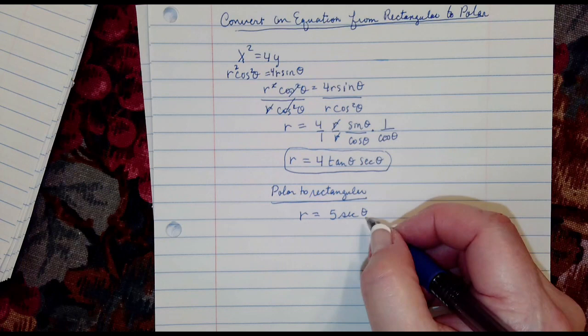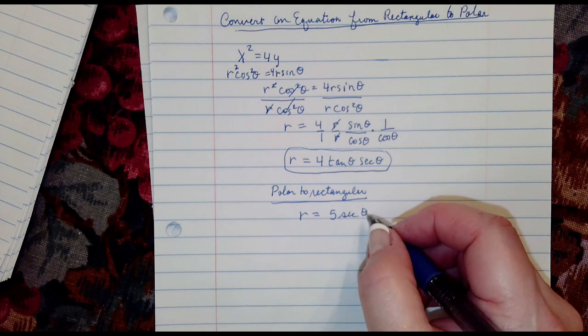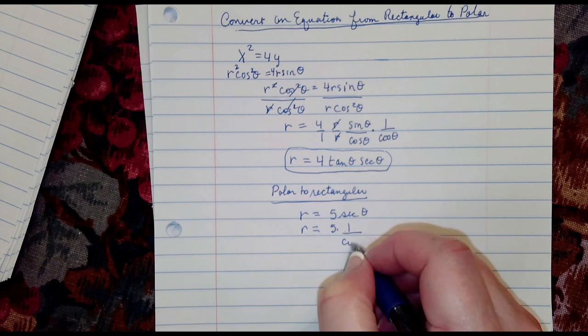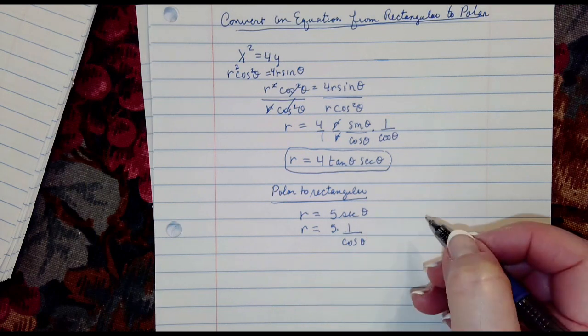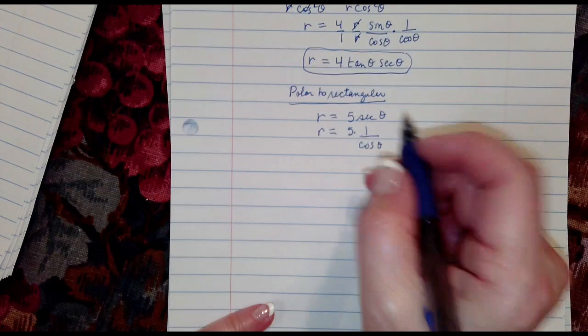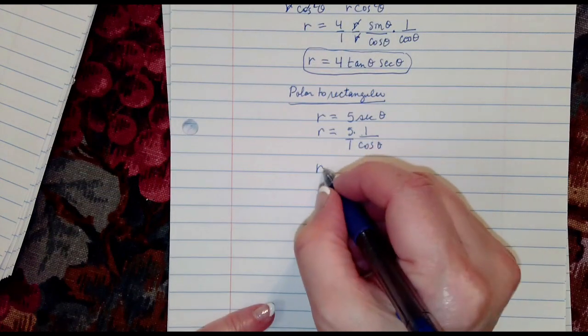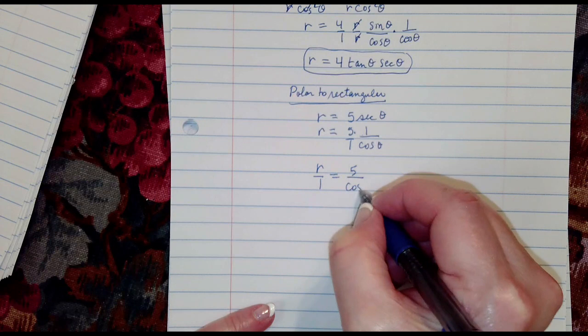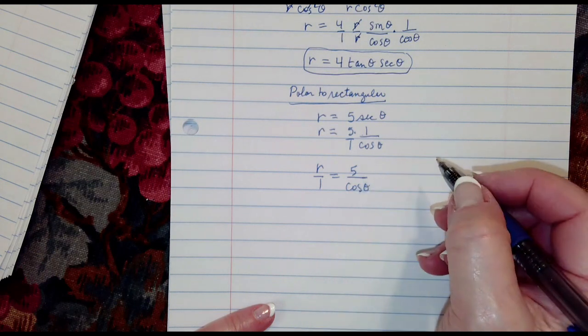But what is secant theta equal to? Okay, I've got r equals 5 times 1 over cosine theta, right? So I can put this over 1, and I could get r over 1 equals 5 over cosine theta, right?